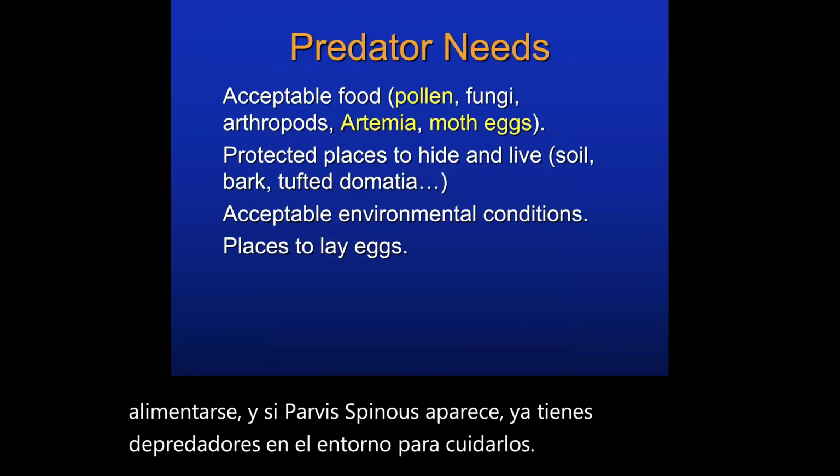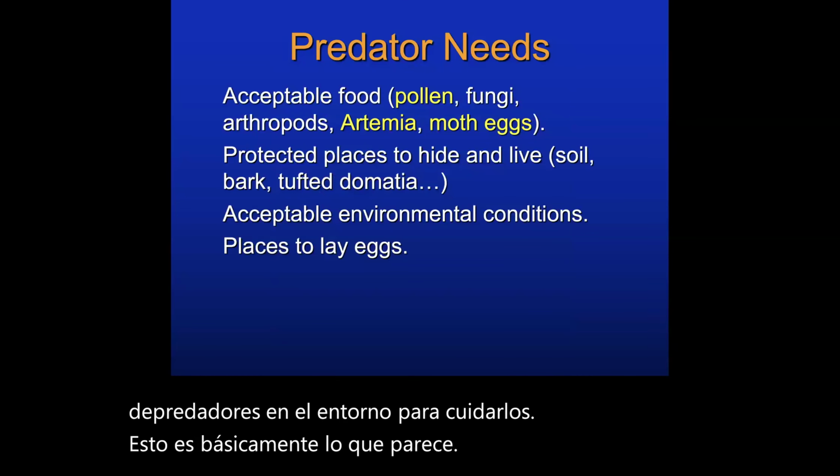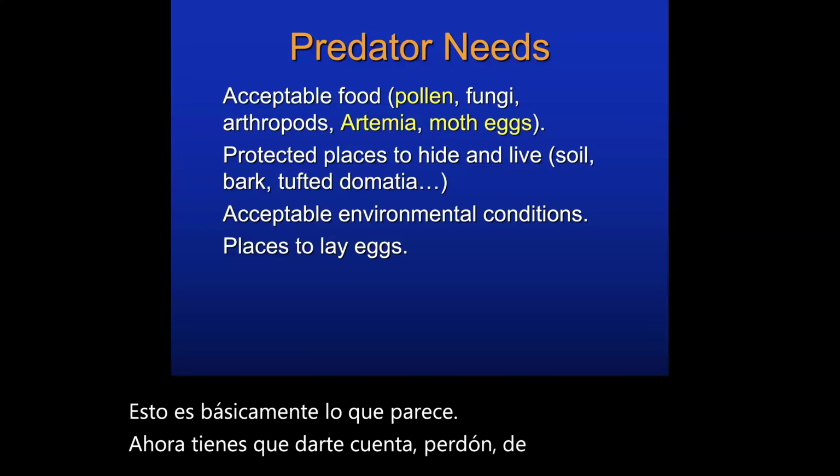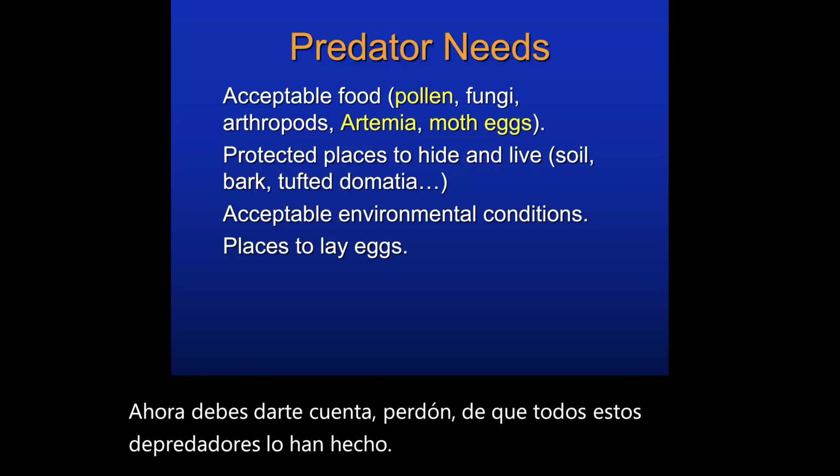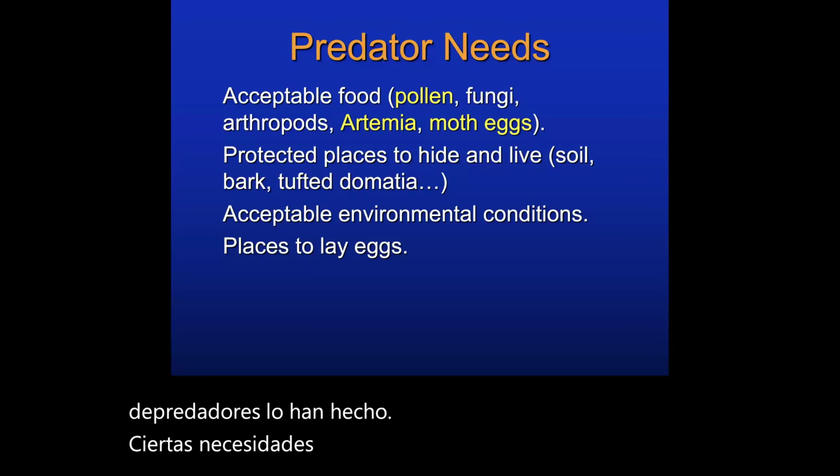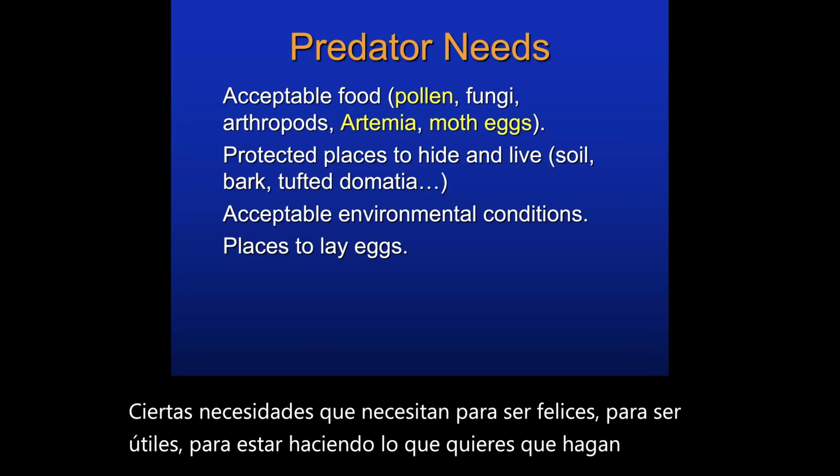This is basically what it looks like. You need to realize, excuse me, that these predators all have certain needs that they need to be happy, to be useful, to be doing what you want them to do in the greenhouse. They need an acceptable food source.